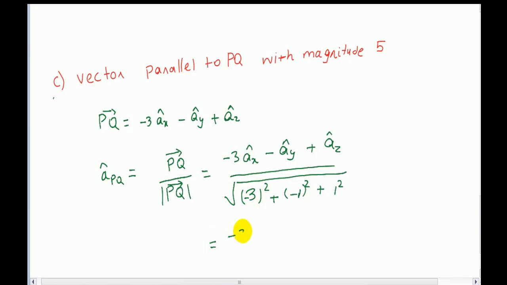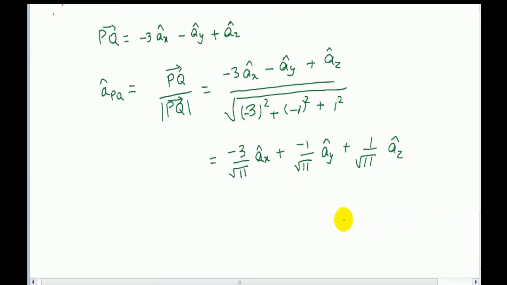The unit vector will be -3 by root 11 ax cap plus -1 by root 11 ay cap plus 1 by root 11 az cap. This is the unit vector along the direction of PQ.